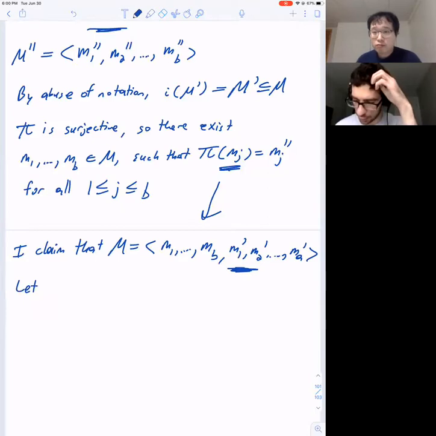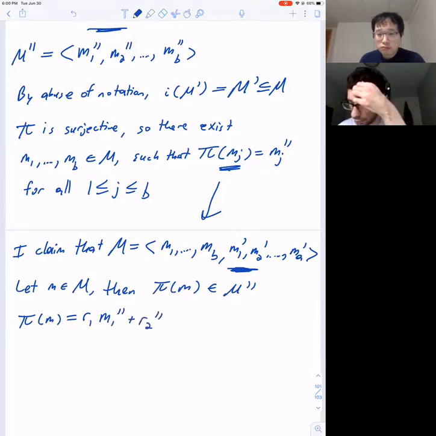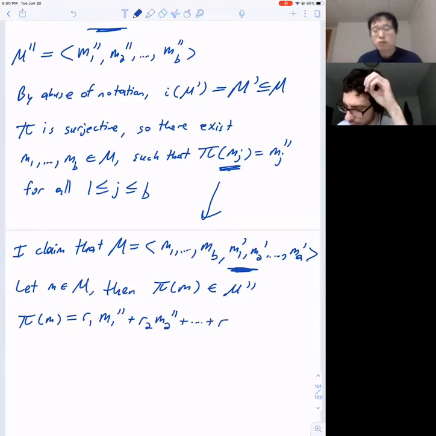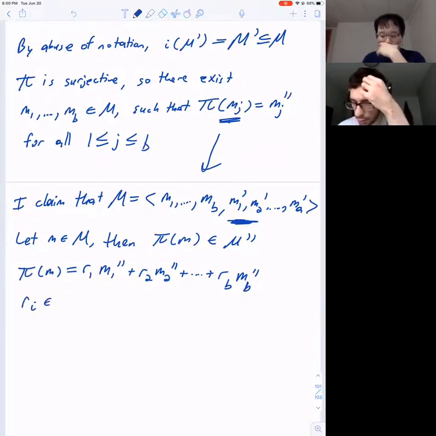So again, let m be in M. I don't know what it is. Then I have that pi of m lives in M double prime. I don't know what pi of m is either, but I do know it is equal to R1 M1 double prime plus R2 M2 double prime plus up to RB MB double prime, where Ri is in A. Okay?